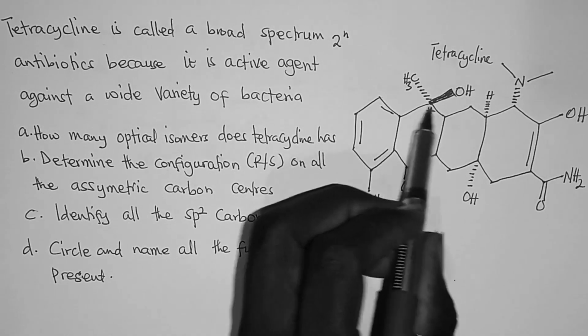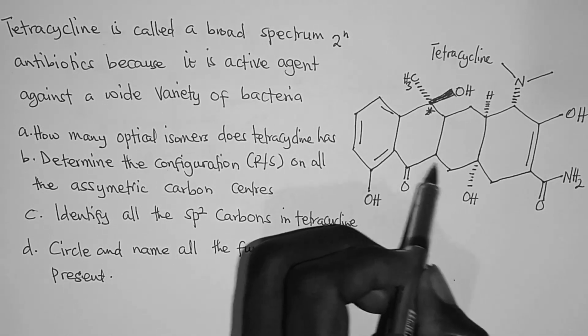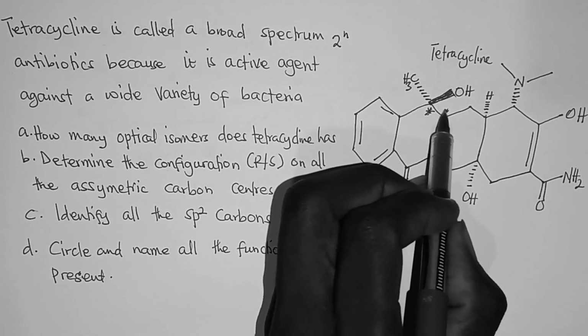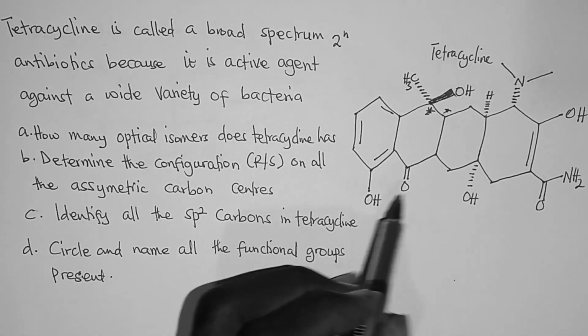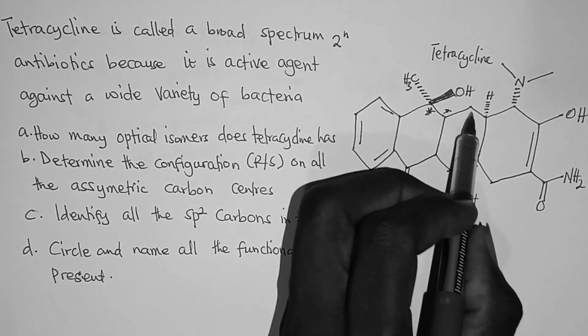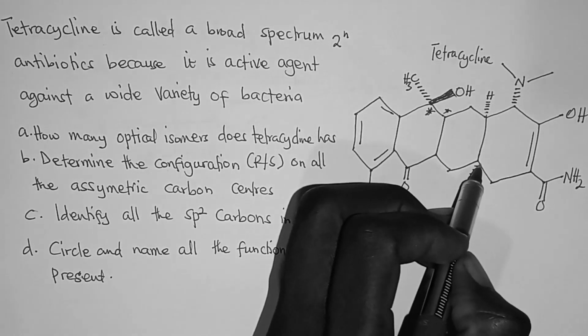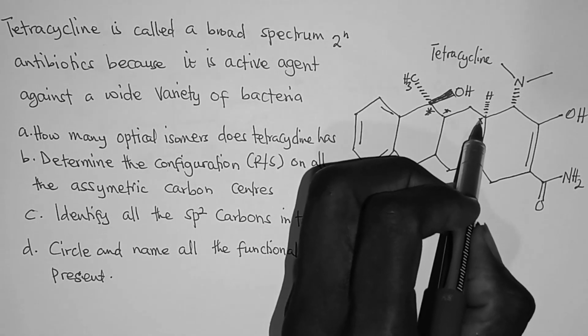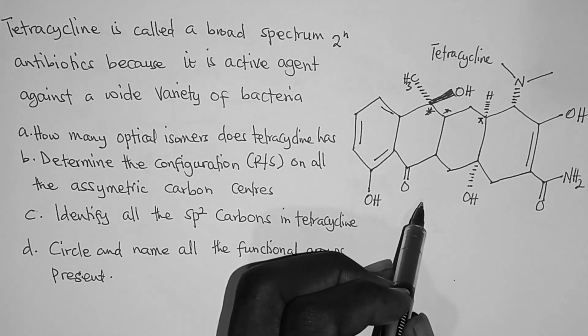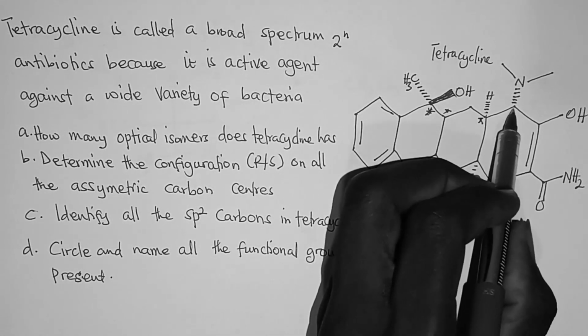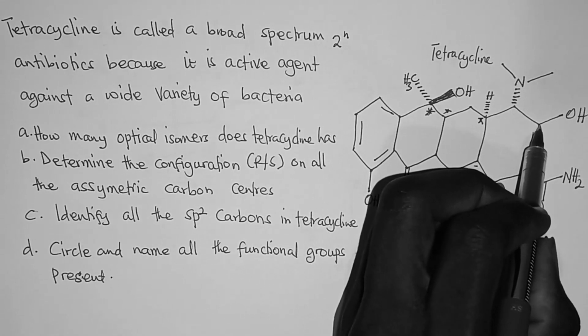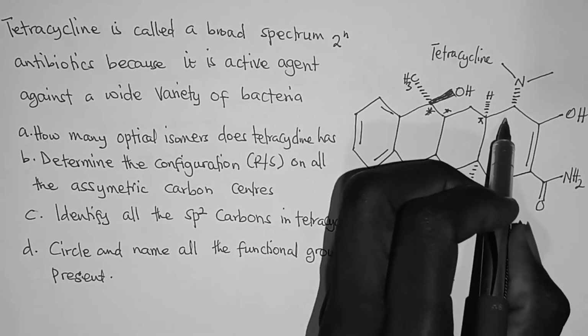And you can see that this group is different from this one, which is also different from this one. Therefore, this is also a chiral center. And you can also see from here that this group is different from this one, which is also different from this. So this is also a chiral center. And then this group is different from this one, which is also different from the imine group.